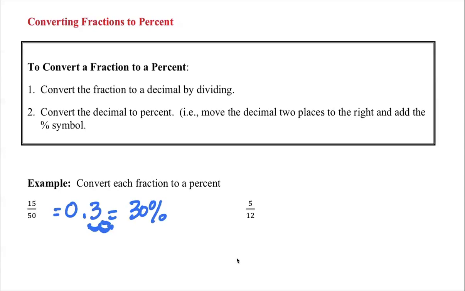5 divided by 12 is 0.416 repeating. When we move the decimal 2 to the right to get it in a percentage, that would be 41.6 repeating percent.